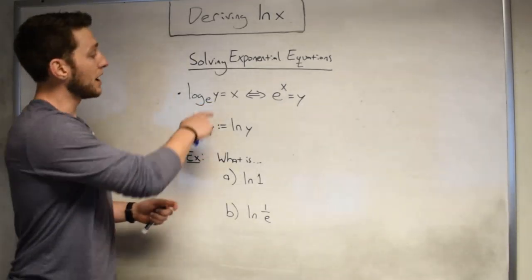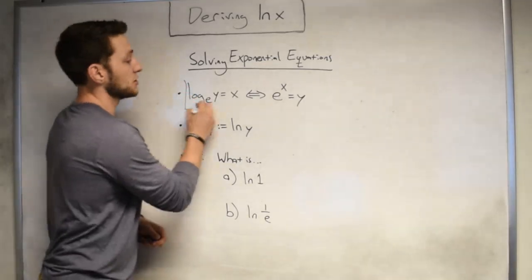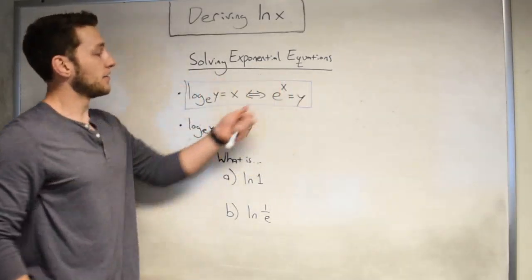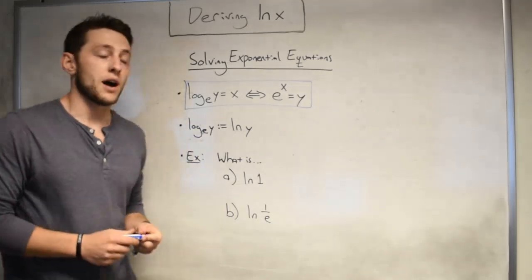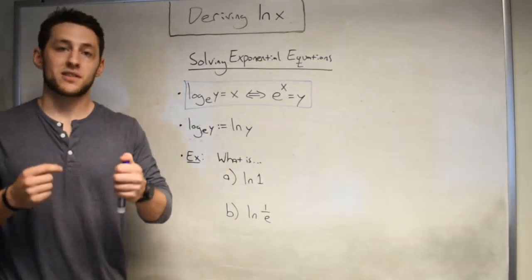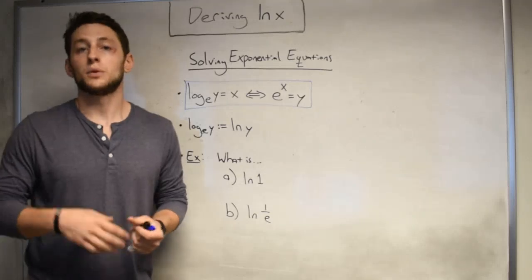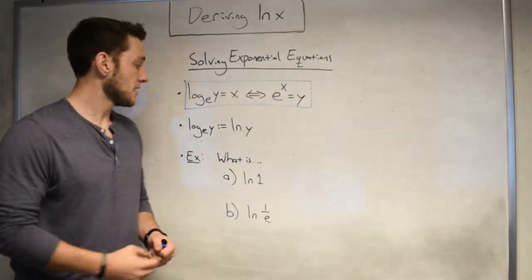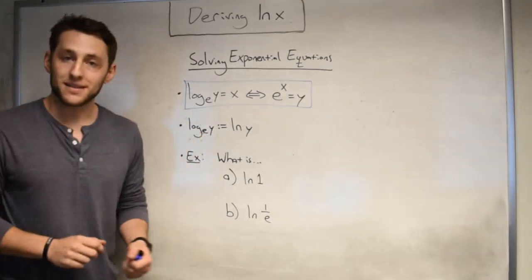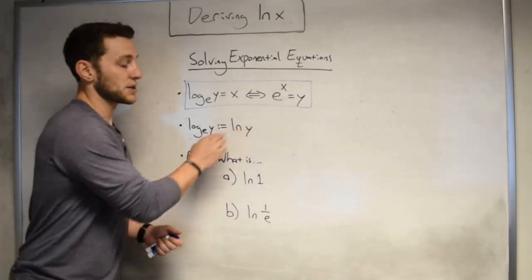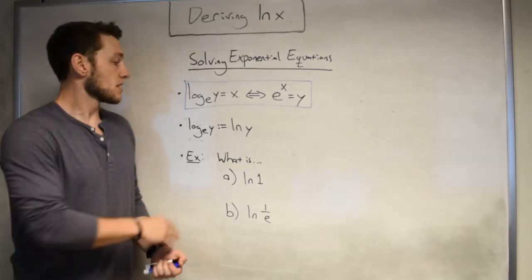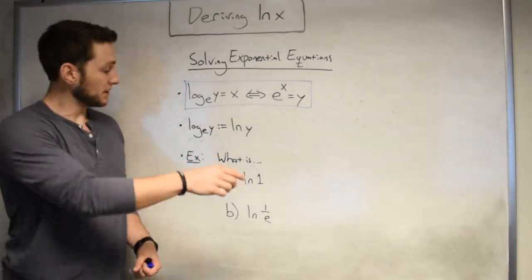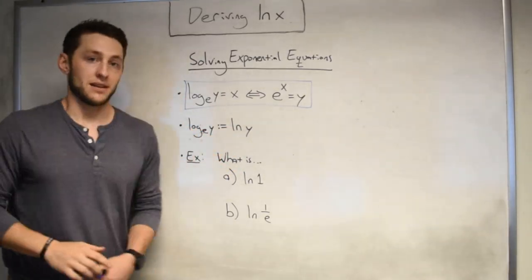Log base e of y is equal to x is actually just the translation of the statement e to the x equals y. Now, we don't like to write log base e because it's such a commonly used logarithm. We'd like to shorthand it if it's commonly used. So instead of writing log base e, we're going to write natural log. These two dots right here kind of mean defined as. So I'll be using natural log to denote log base e.